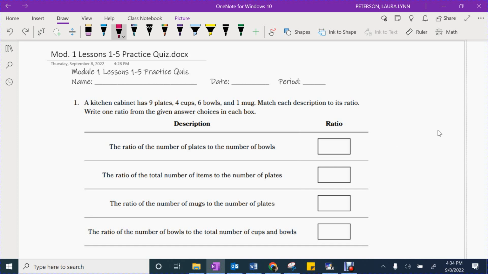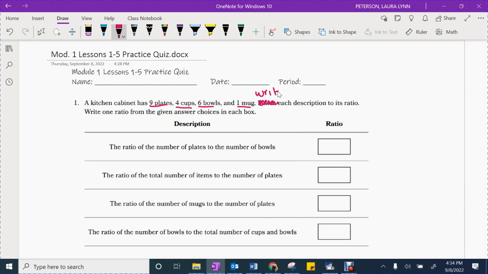It says a kitchen cabinet has 9 plates, 4 cups, 6 bowls, and 1 mug. I know it says to match each description with its ratio. I don't have that. I'm going to write in. I should change my directions.